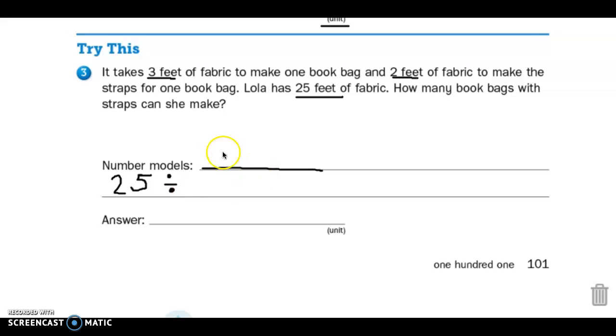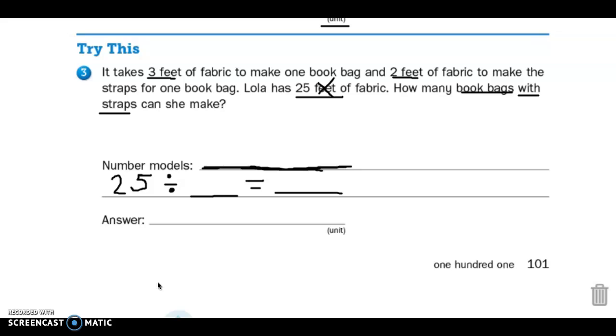So if you take these 3 feet and these 2 feet and you put them together to figure out how much fabric 1 bag is, then you take that amount of fabric and you do 25 divided by the amount of fabric, and it will tell you how many bags you can make. Then you write that answer here with the unit. Because it says how many book bags with straps can she make? Hint, your unit is not feet. What is it asking you? How many book bags with straps can she make? And you could add with straps if you'd like.